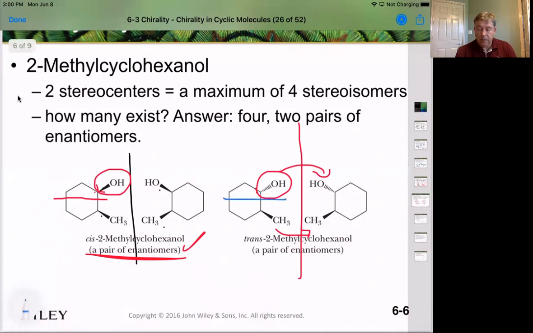If we do this, the OH and the methyl don't mirror each other. If we do this, the OH and the methyl don't mirror each other. And again, if we do it here, then there's no methyl group over here. So there is no plane of symmetry in either of these as well. So this particular isomer also has a set of 4 stereoisomers. It has 2 pairs of enantiomers. One is going to be the cis, one is going to be the trans.